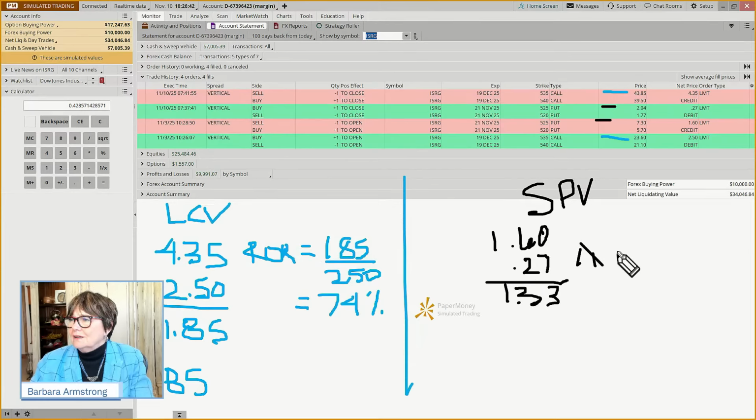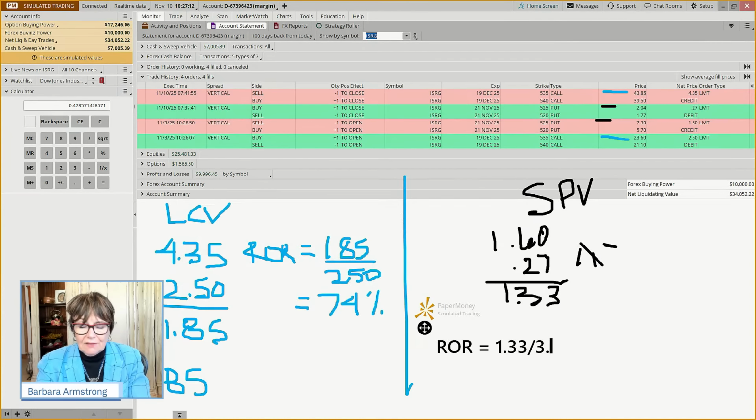Oh, no. Dang it. Okay, let me just do it another way. So here, our return on risk was, we made $1.33 and we were risking $5 minus 1.60.